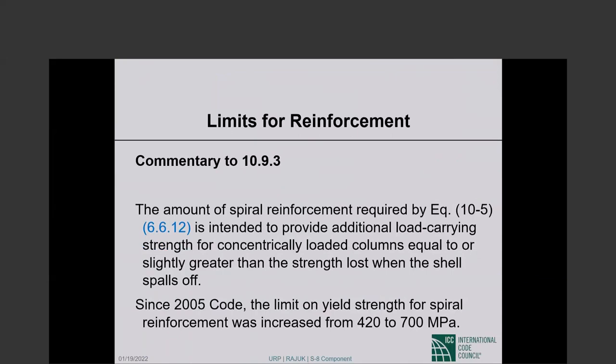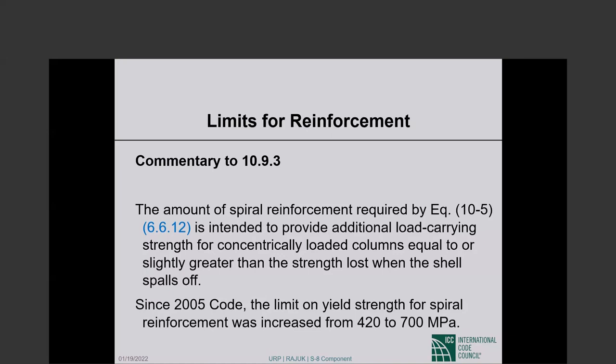Okay, the amount of spiral reinforcement required by that equation has been around, if I remember correctly, developed at the University of Illinois, I want to say in the 30s or 40s, that far back. This goes way back. Frank Richard, people like that.